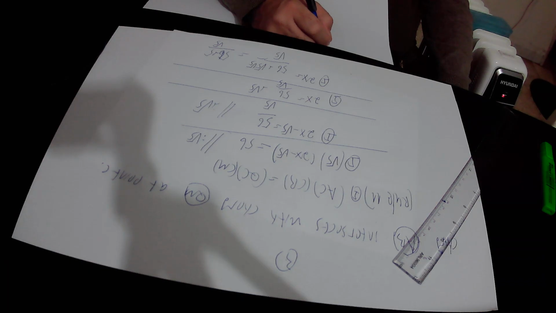2x equals 5b plus 5 over square root of 5. I'll repeat again.